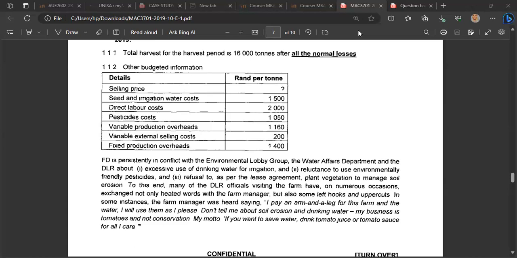Right. Let me put in the amounts. So for seed, it's 1,500 per unit, and then there's 2,000 for direct labor, and then pesticides 1,050, and then variable overheads is 1,160, and then those other ones are going to be 0 and 0. Let me just show you what I've been writing.